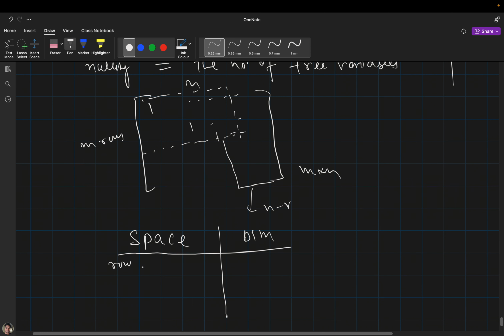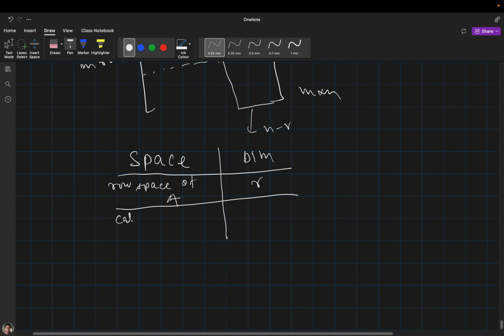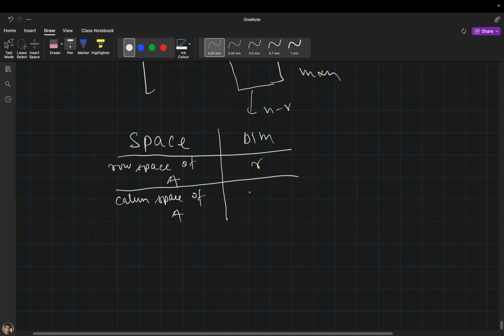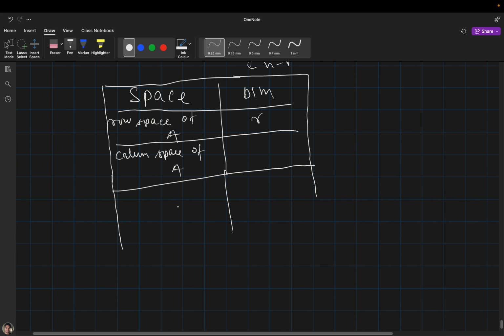Row space of A has dimension R. If row space of A has the dimension R, then what is the dimension of column space of A?